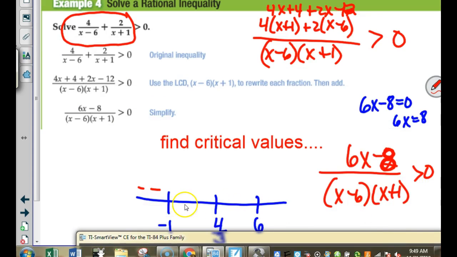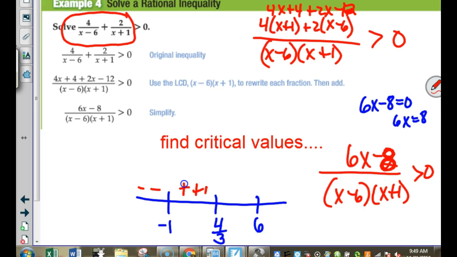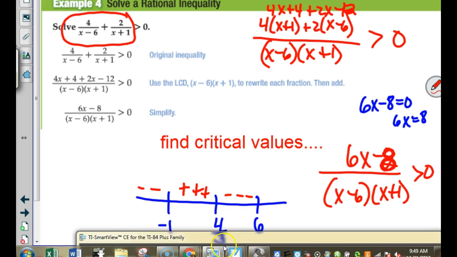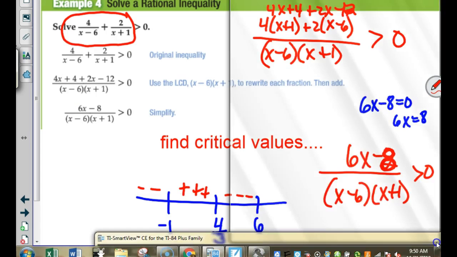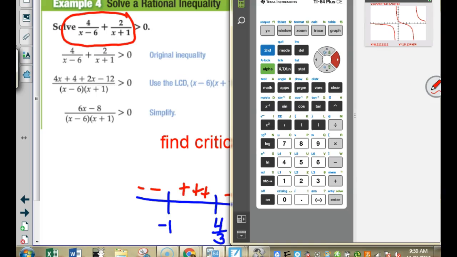So between -1 and 4/3, the y values were positive. Then out past 4/3, it was negative. Was it negative all the way till 6? Looks like it, right? If I go to 6, it's undefined. If I go to the left, it's definitely negative. If I go to the right, it's up here somewhere. It's positive.